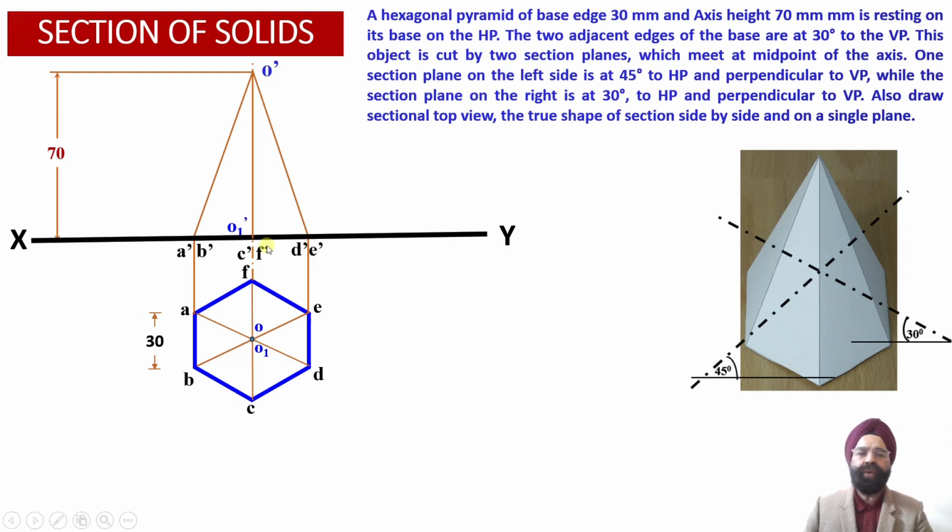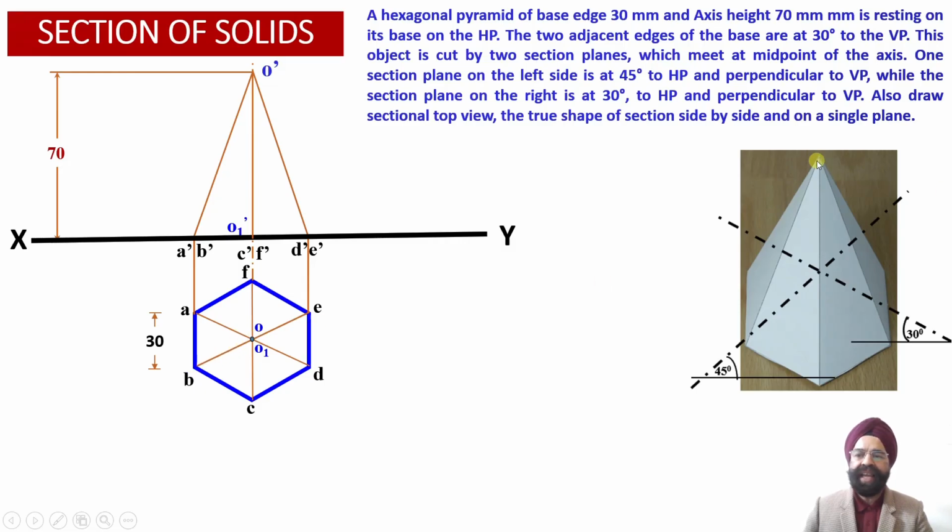Now one thing we need to understand is that the slant projector OA lies on the rear side of the solid, as the observer is going to view this hexagonal pyramid from this orientation. So the front view projection O dash A dash should have been drawn as a dotted line, but these dotted line projections corresponding to the slant edge O dash A dash have been superimposed by the slant edge OB, which appears on the front side of this hexagonal pyramid.